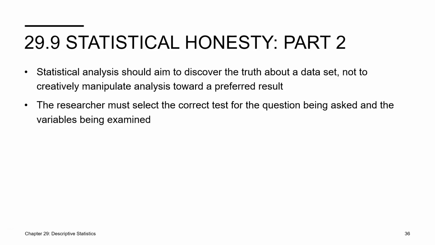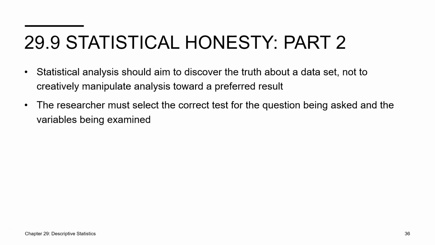So when you do your statistical analysis, it should aim to discover the truth about a data set, not to creatively manipulate the analysis towards a preferred result. So you should select the correct test for the question being asked and variables being examined. You may have heard of phishing. Phishing is when you fish within the data set to try and find some sort of statistical result.